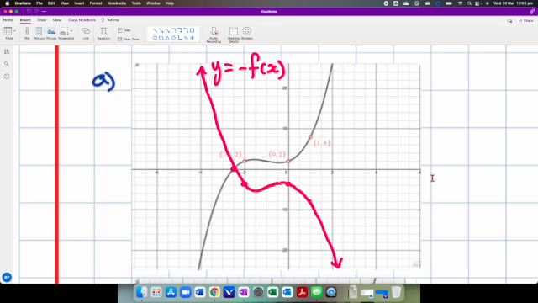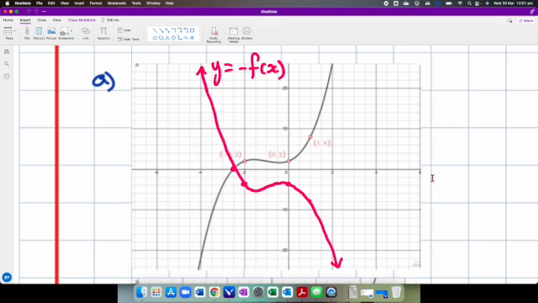When it looks like it's gone over the y-axis, when I'm meant to have flipped it over the x-axis, that meant we had an odd function. That function we were graphing, there was something extra special about it. It was odd.